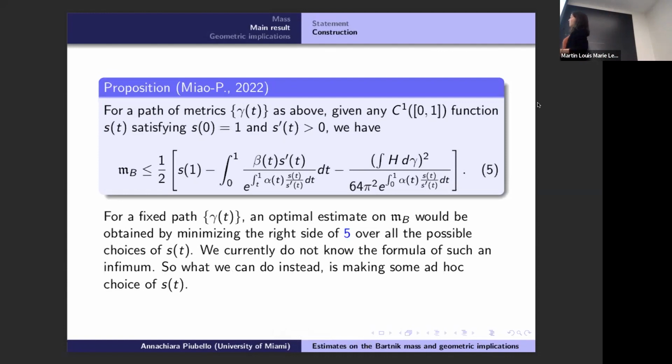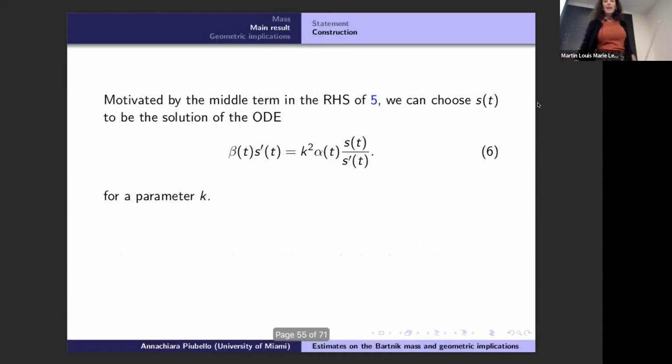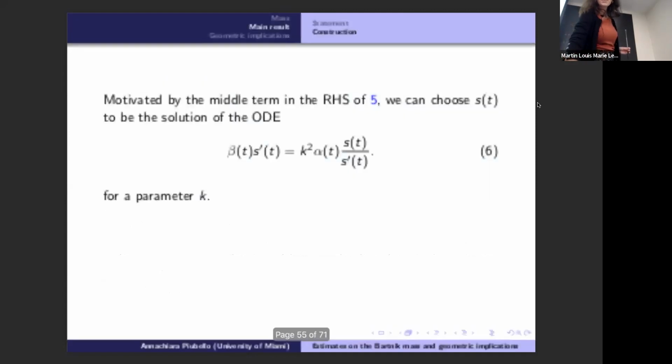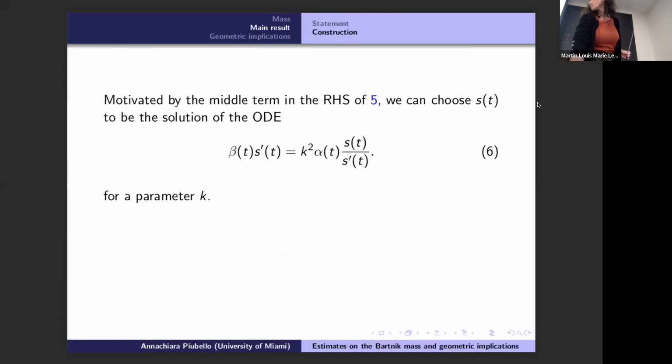Now, to find a choice of s of t, we look at this middle term of this estimate here. So we looked at the following ODE. Now, k here is just a parameter, so we can ignore that. We have beta s prime, that is exactly what appeared here, right? It's the numerator of this. And we're setting that equal to, up to a parameter, alpha s over s prime.